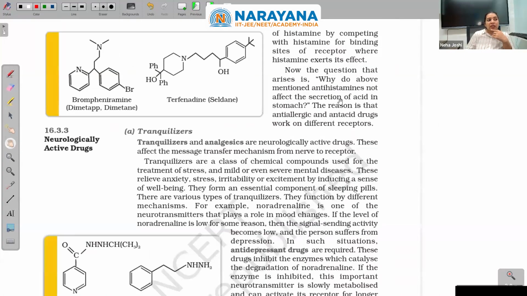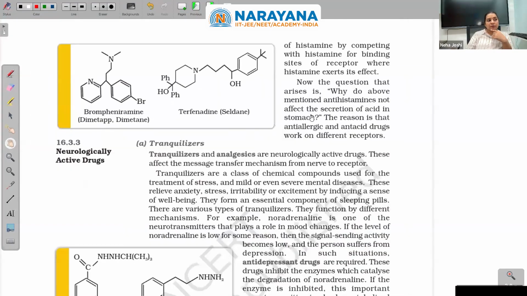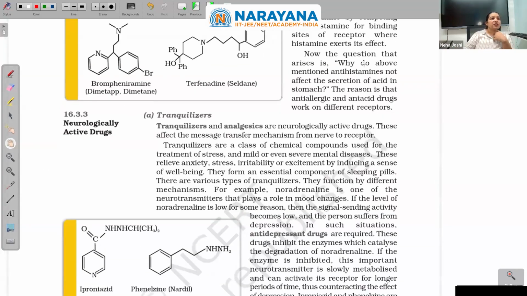Now the question that arises is, why do the above mentioned antihistamines not affect the secretion of acid in the stomach? We want that if an antihistamine is given, the acid production should stop. The reason is that anti-allergic and antacid drugs work on different receptors.